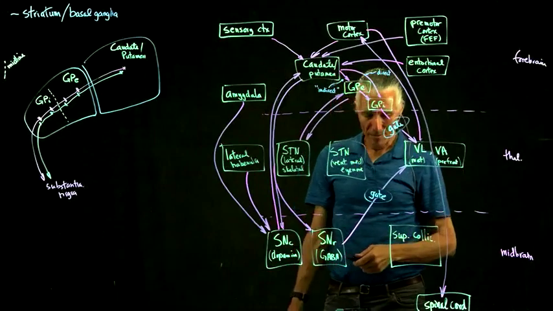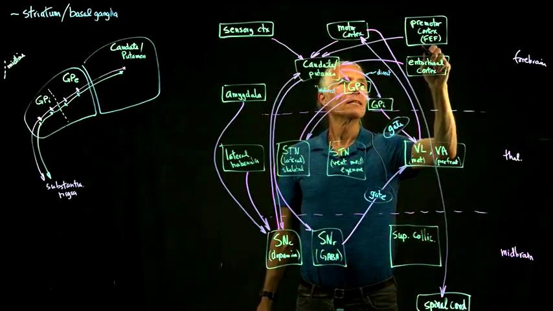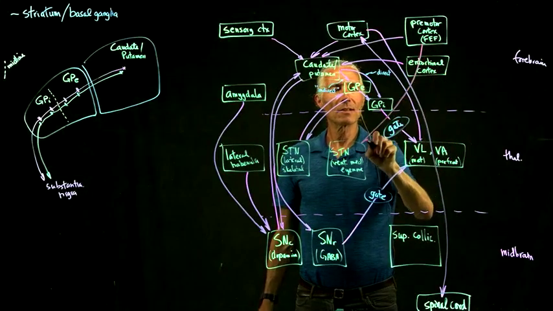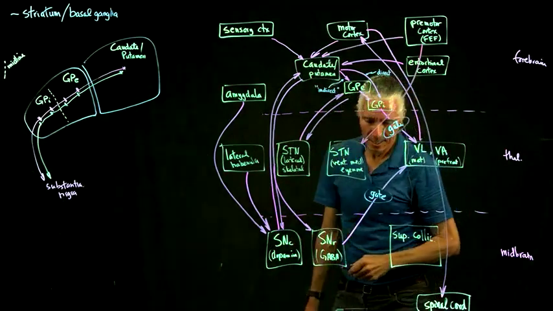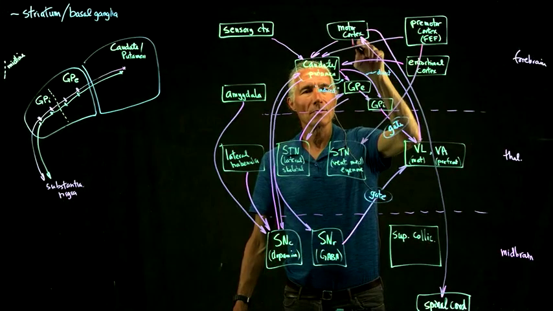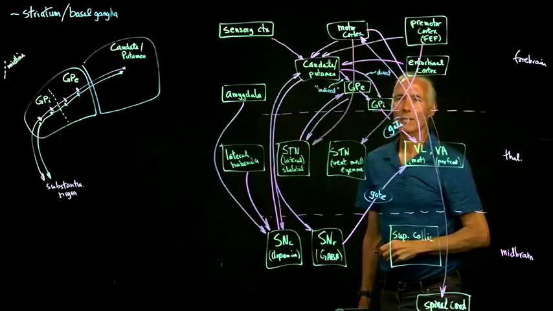But then recently, what people found is there are all these things that project down to the subthalamic nucleus from the cortex. So, like, motor cortex just goes straight down to the skeletal muscle subthalamic nucleus.